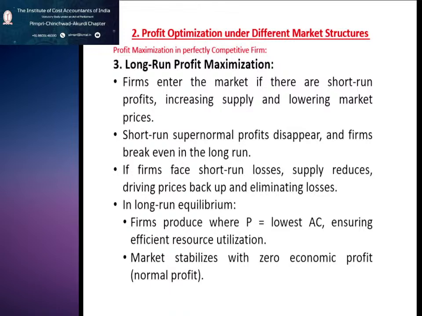In the long run equilibrium, firms produce where P is equal to the lowest average cost, ensuring efficient resource utilization. So thus the market stabilizes with zero economic profit, that is called normal profit.